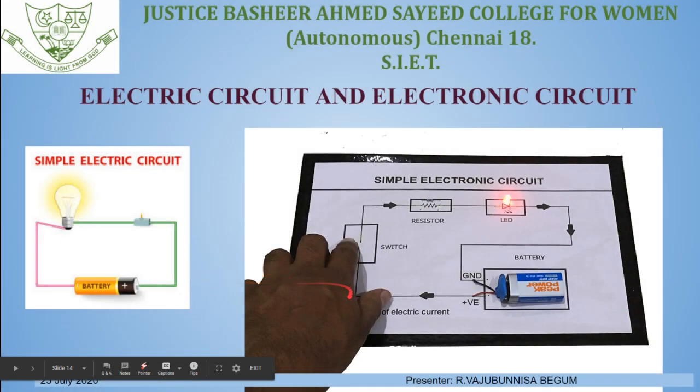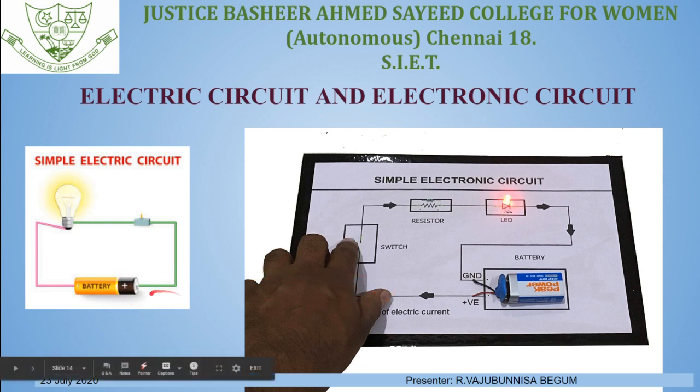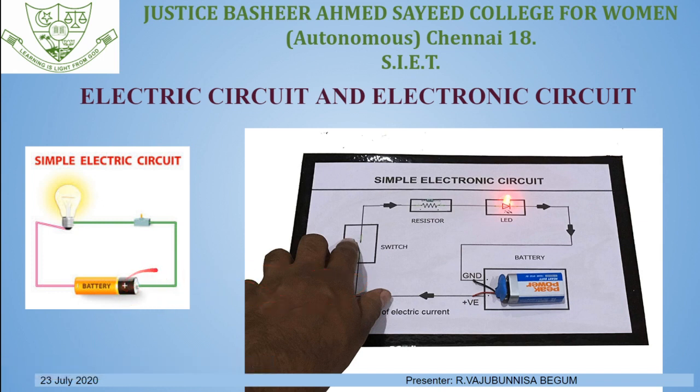Here, the basic difference between electric circuit and electronic circuit is very clearly described with this small assembling circuit. The electric circuit is where the current can flow from the source to the load in this closed circuit path, and again come back to the other terminal of the source.